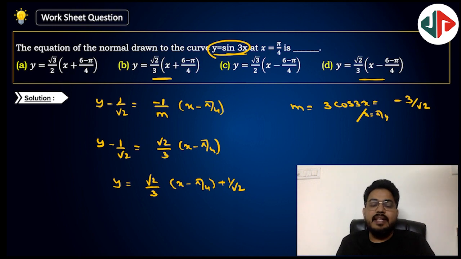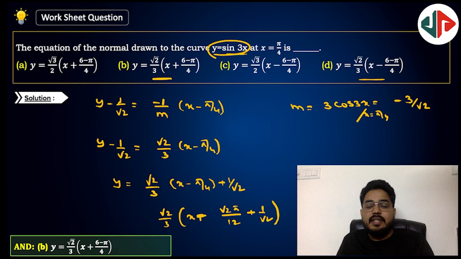Here plus sign, here minus sign. So root 2 by 3 common x, plus this value is minus root 2 pi by 12 plus 1 by root 2. So you need to take the minus pi common. So the coefficient of pi is negative. Where the coefficient of pi is positive, that is wrong, so I'll go ahead with this option.